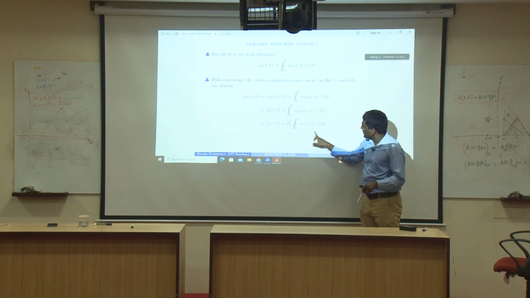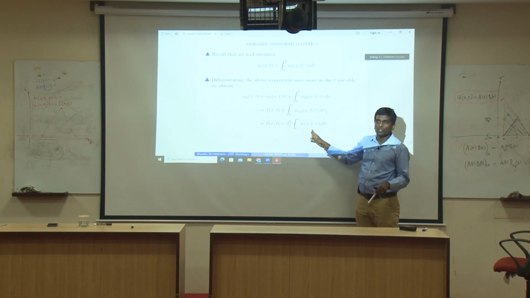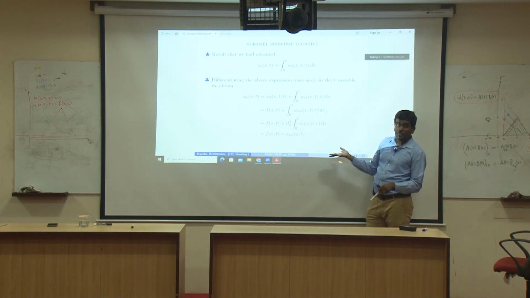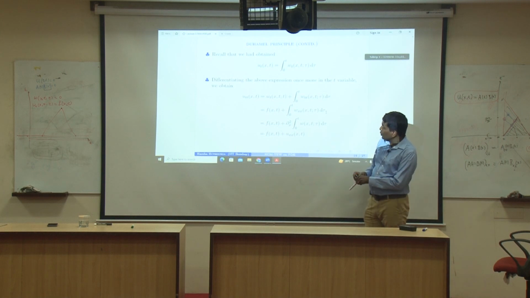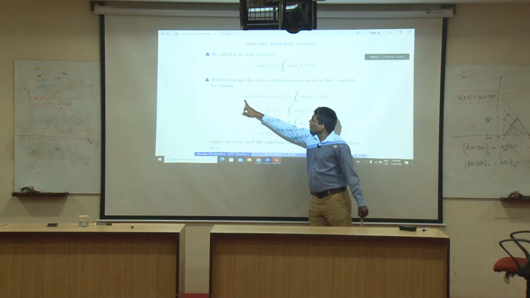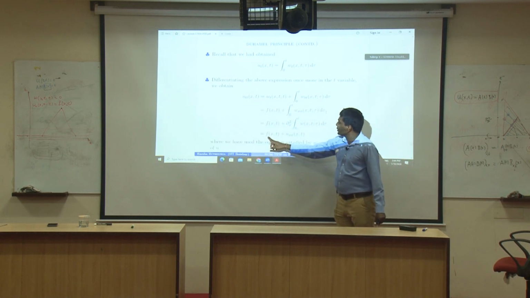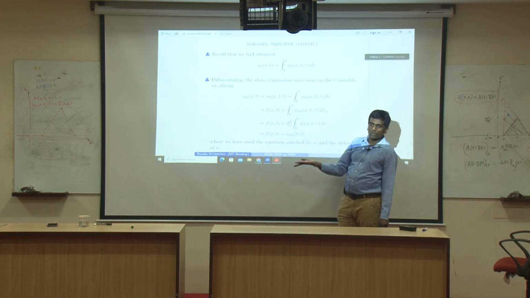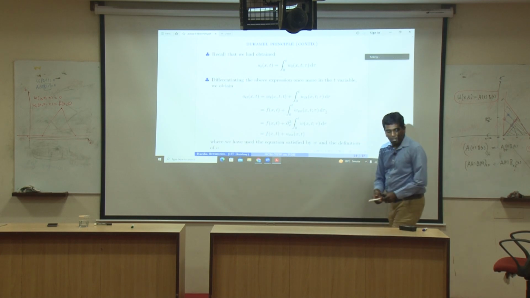And we gave a name to this, we called this u, right? So you see, this essentially tells you that this u solves utt equals f plus uxx. That's the other way of saying that utt minus uxx is equal to f.